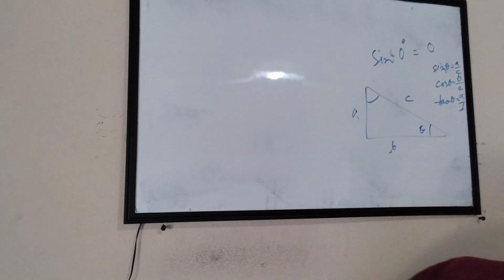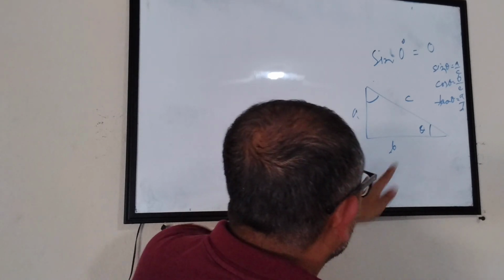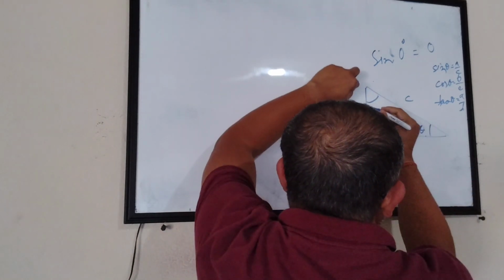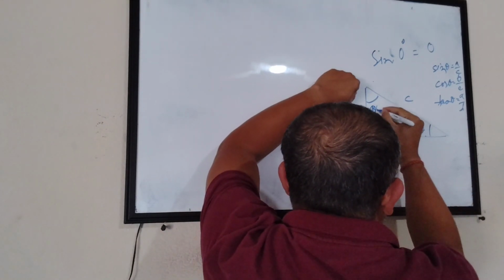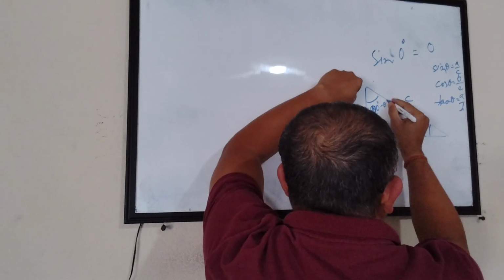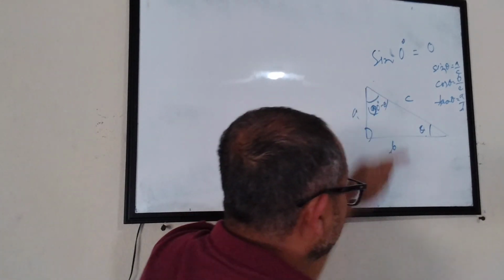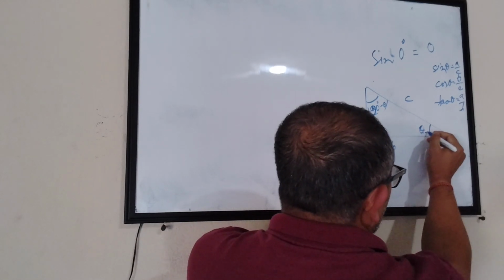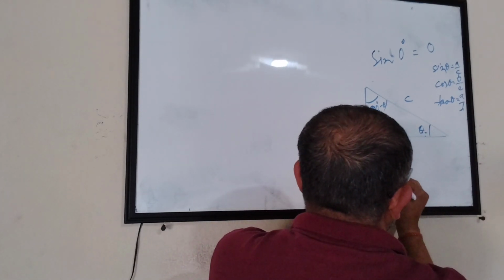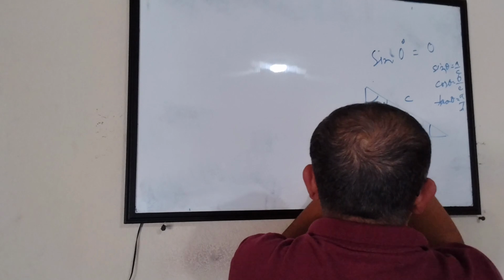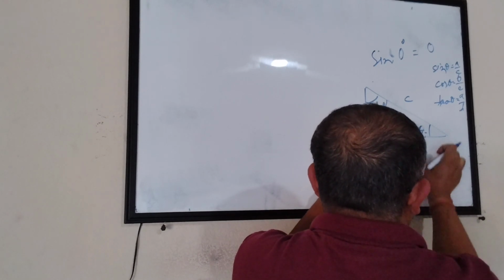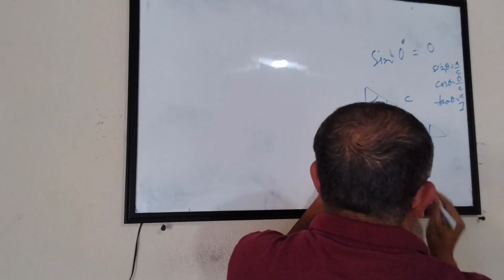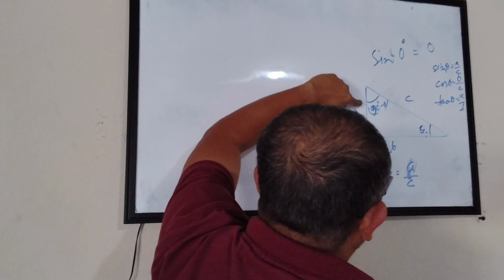Okay, so now look at this one. If this is theta, then this angle is 90 degrees minus theta. We are talking about a right angle triangle. So sin theta, if I look at theta, equals A by C. Now look at cos.